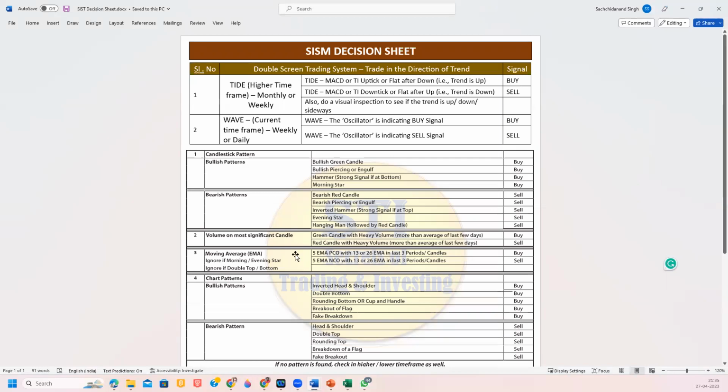So this is the decision tree, and I request you to have some patience, because whatever I have created is considering anyone who is going to take their first trade in life. Some of you might have already taken some trades, so you might be aware of some things and they are habitual.